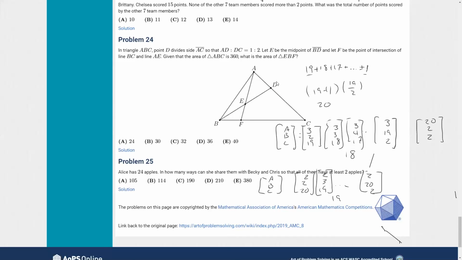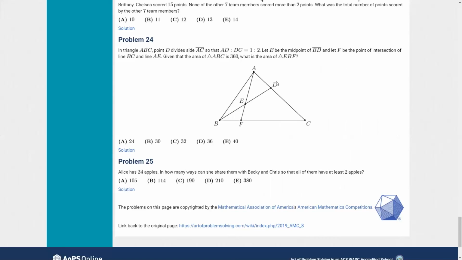So 19 plus 1 multiplied by 19 over 2, which shows us that it's 20 times 19 over 2, which is 10 times 19 for an answer of 190. So using this way of pattern recognition, we can figure out that the answer to problem 25 is 190, choice C.